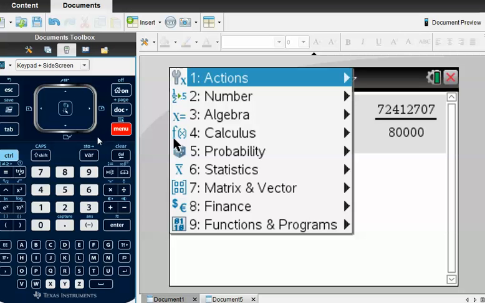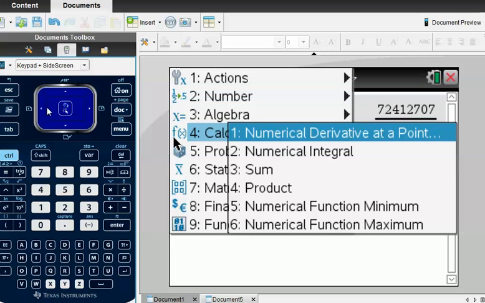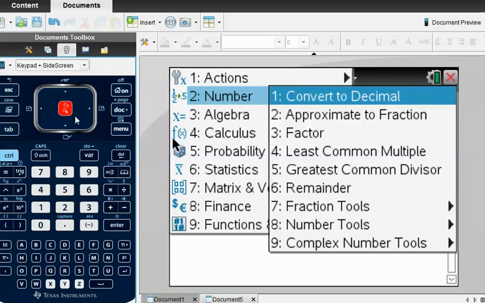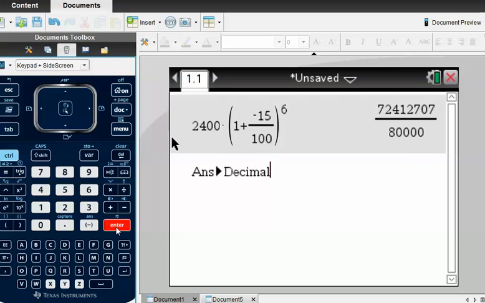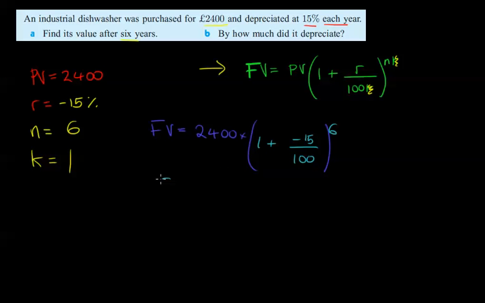Menu, down to number, number across, and convert to decimal. Press enter there. So £905 and 16 pence is what it's going to be worth in 6 years' time, approximately.